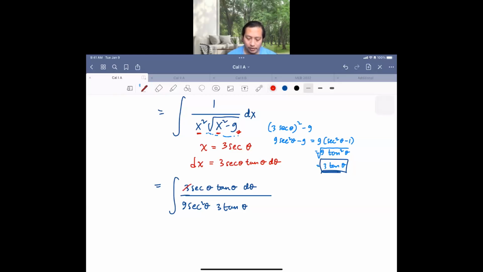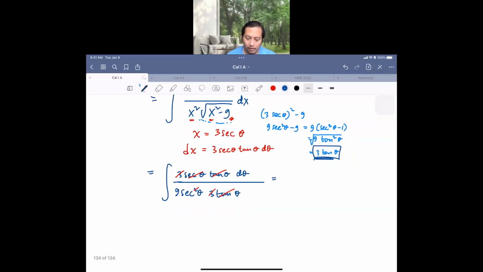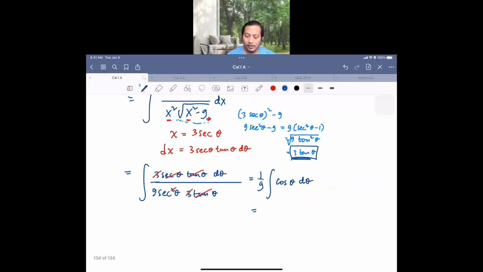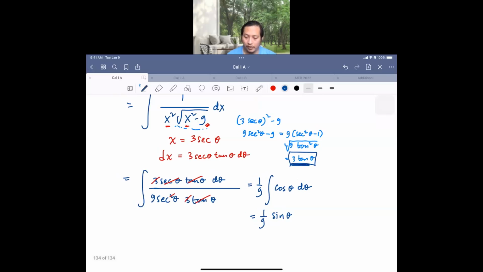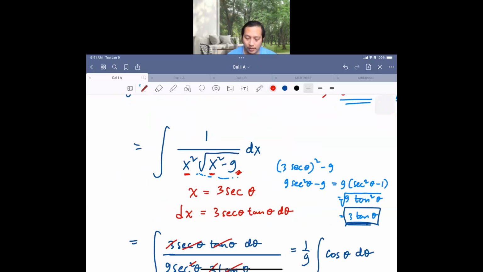We can cancel some parts of the equation and see that this will be 1/9 times the integral of 1 over secant, which is cosine theta d theta, and we can take this integral easily. This will become sine theta, right?